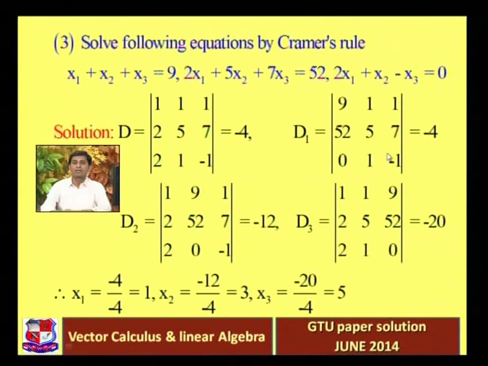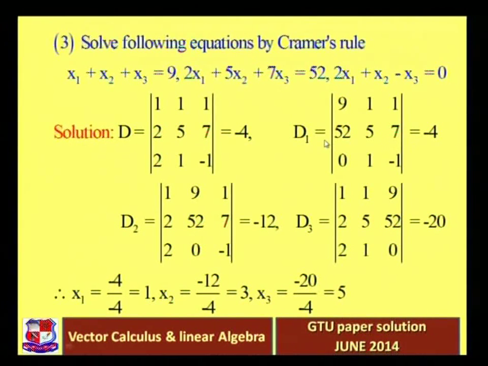The second and third columns are as they are, 1 5 1, 1 7 minus 1. Now this is equal to minus 4, correct? Now you can easily find the value of this determinant. Okay, that is left to you, right? So just try to find this determinant, that is also minus 4.